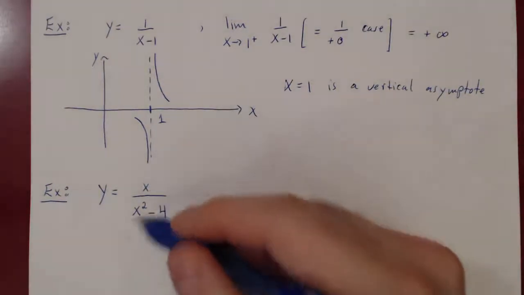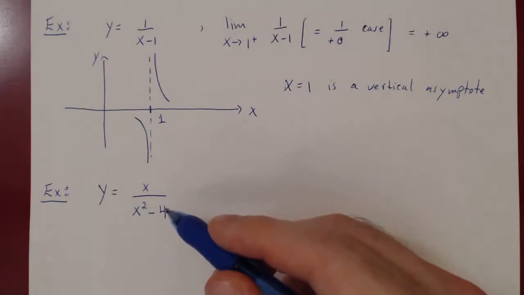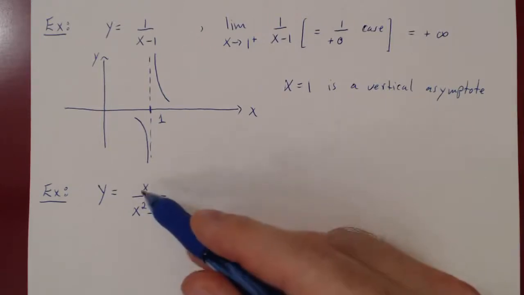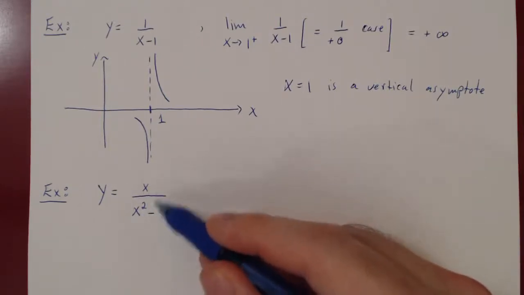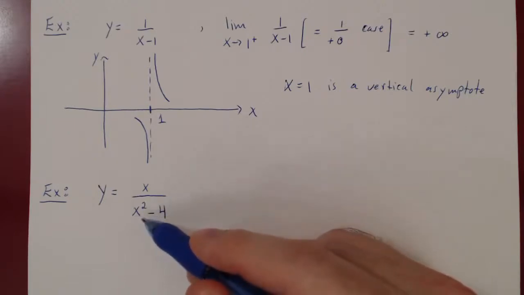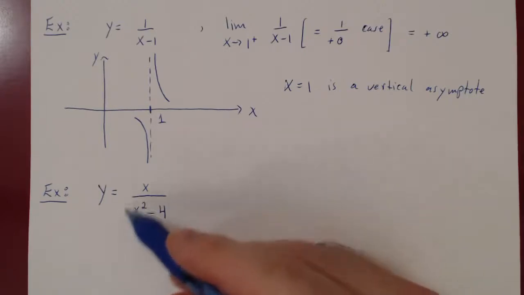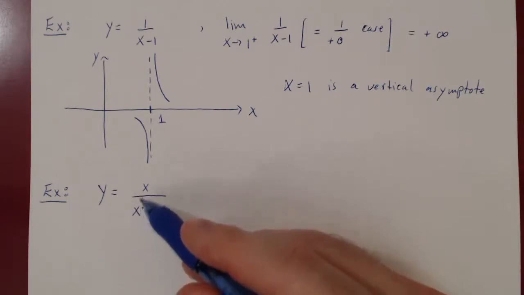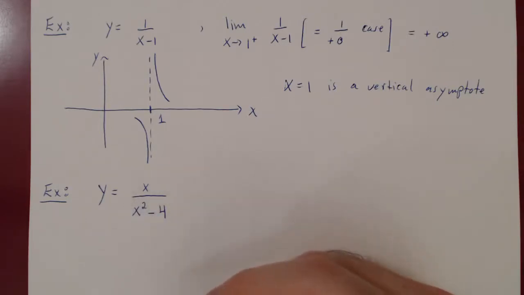We have a rational function, so again, a vertical asymptote is a value of x where the function blows up. Well, we have a ratio of two polynomials, both are defined, but since we have a division, we have to be wary of division by 0. And this will happen if x is either positive 2 or negative 2.